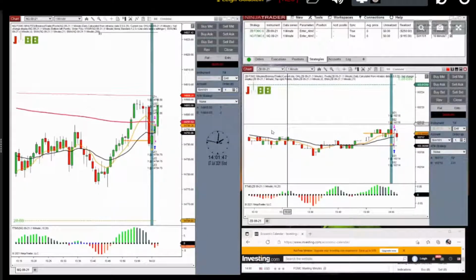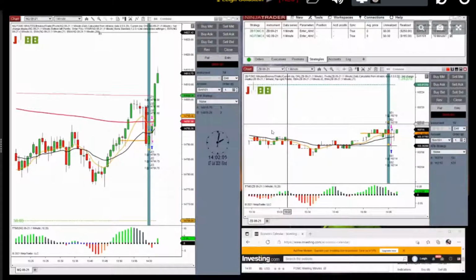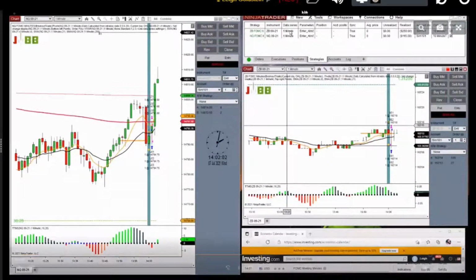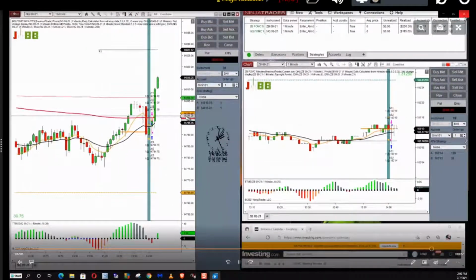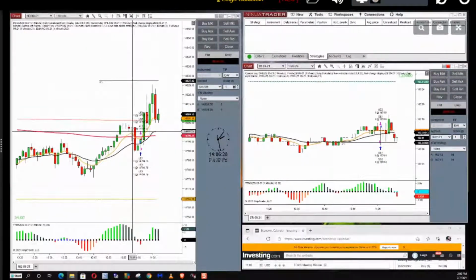Fred, I agree with you. The NQ response is very typical for a news response. It'll move erratically on the news and then find a direction. So the question is, can you find an entry time to make it work? Right?